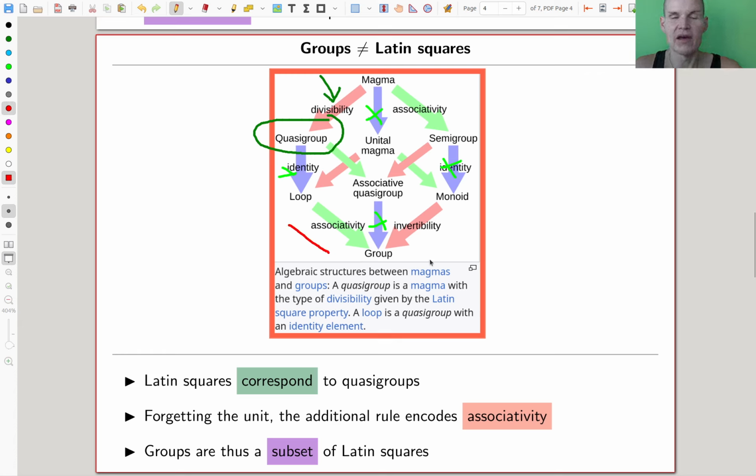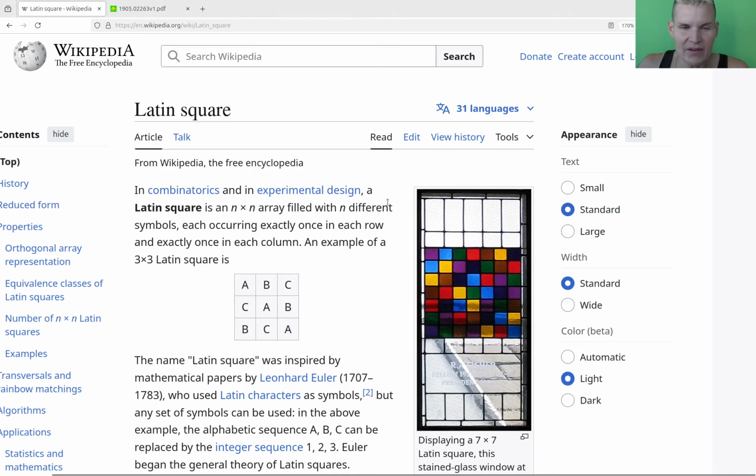Latin squares correspond perfectly to quasigroups, and the difference to a group is just the associativity. So essentially the question is, if you have a Latin square, is it a group? It's asking, does this multiplication table satisfy an associativity rule? That's exactly what it's asking, and that seems to be a very delicate question.